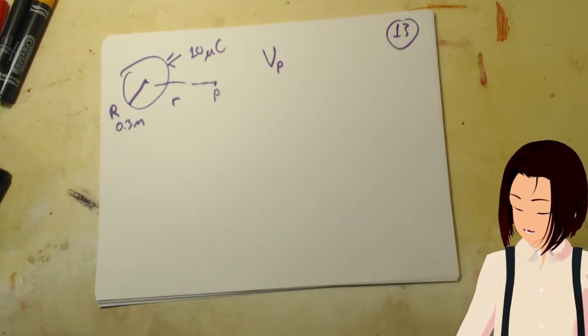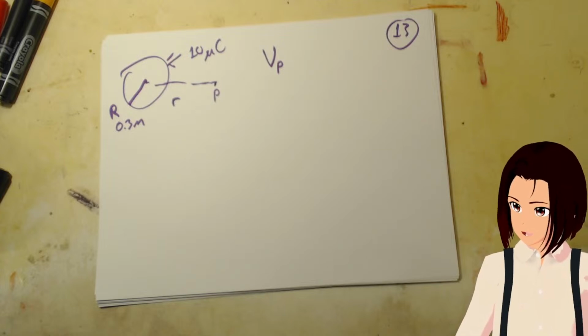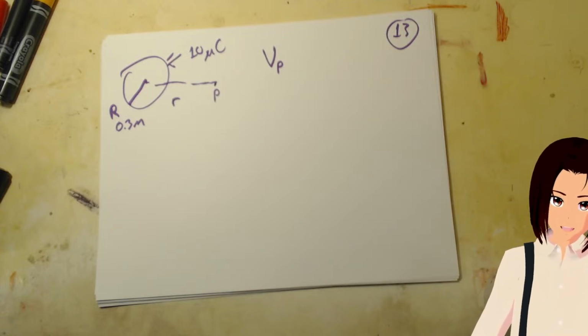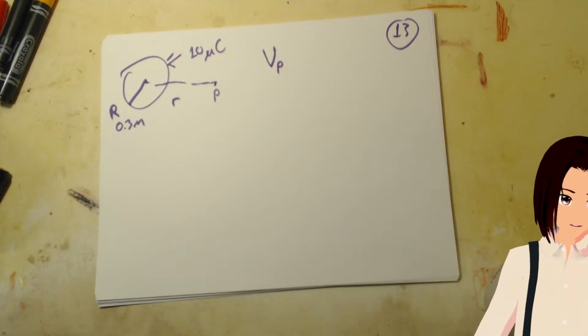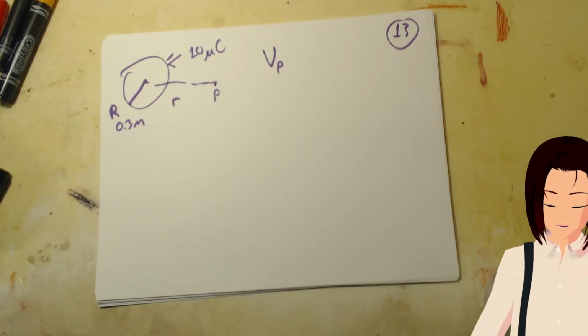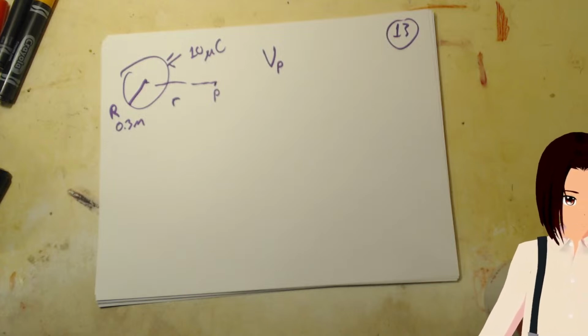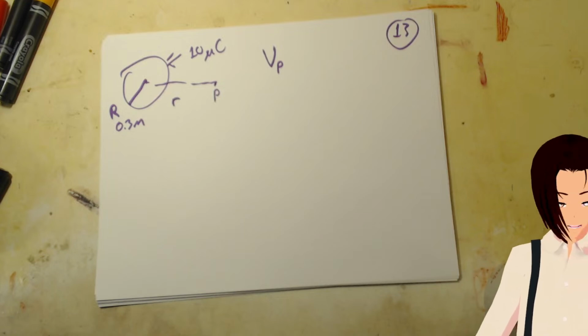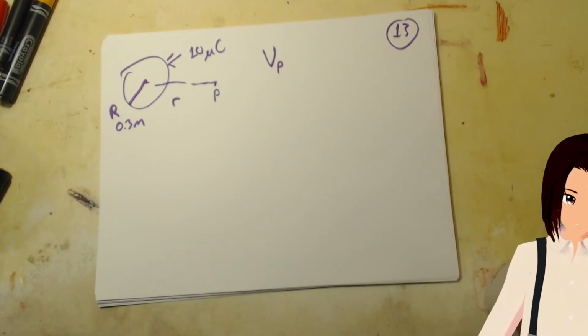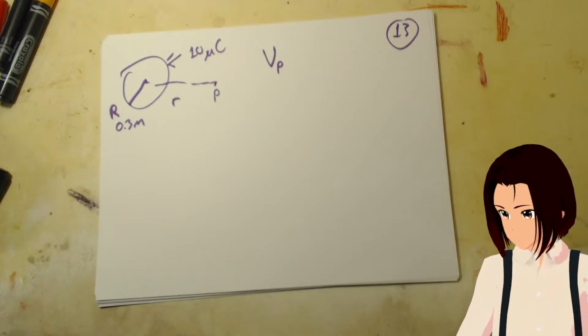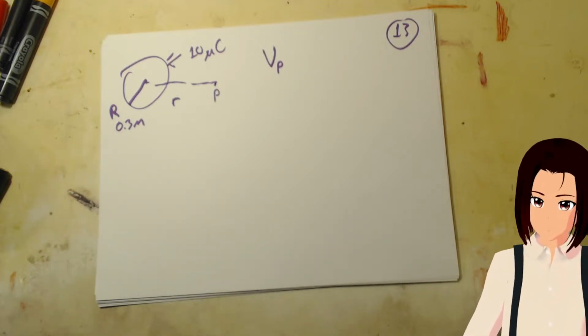Okay, so I'm going to do something strange. Hang on, what did I write for electric potential in the past slides? Okay, I see what I wrote.